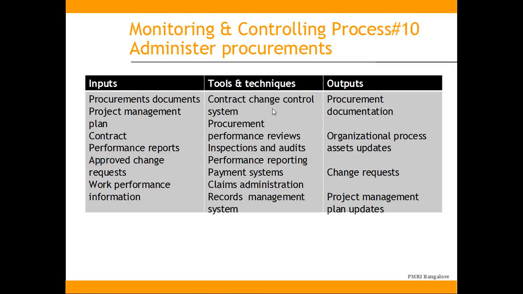Tools and techniques could be contract change control system, procurement performance reviews, inspection and audits, performance reporting, payment systems, claims administration, records management system. All these things are tools and techniques. And the output is the procurement documentation, organizational process assets updates, change requests, and project management plan updates. So there is nothing new here to explain.